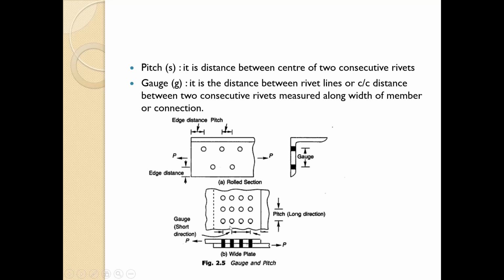If the plate is wide, it is measured like this, and for the rolled section it is measured in the direction perpendicular to the force. So we need to remember, for wide plates it is different, and for the rolled section it is different, and all these things have been mentioned in the steel table also.